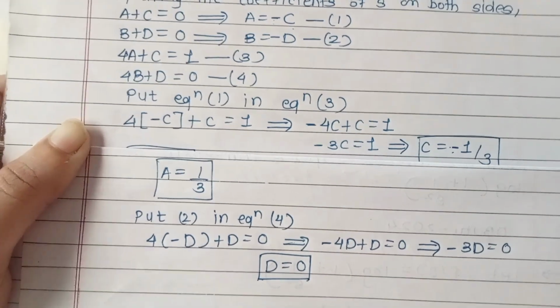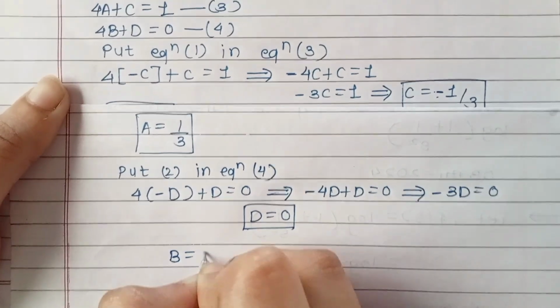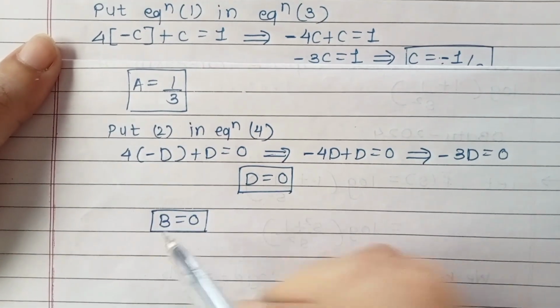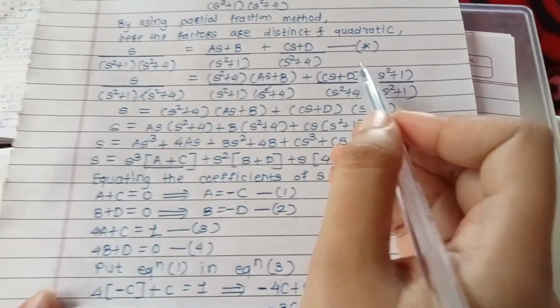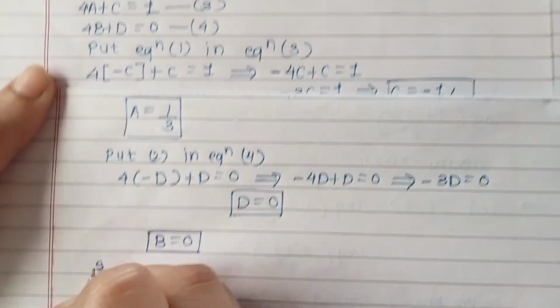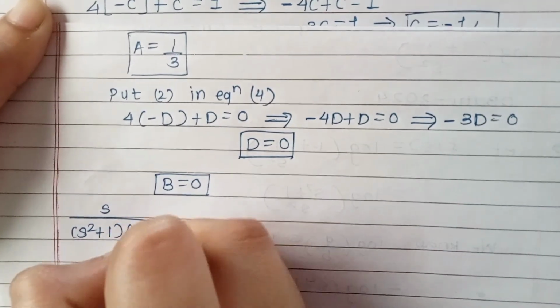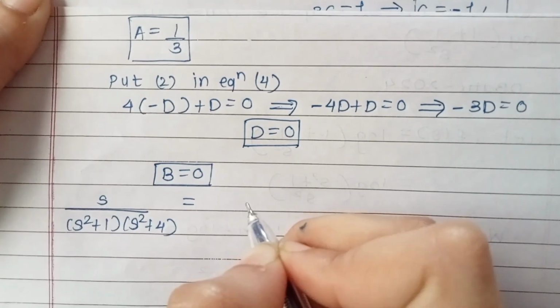Now we have to find the value of b. Put the value of d in equation number 2. We will get b is equal to 0 only, because the value of d is 0. So now we'll put the values of a, b, c and d in equation star, which we got at first. Okay, so what is that equation? s upon s square plus 1 times s square plus 4 is equal to (as plus b) upon s square plus 1 plus (cs plus d) upon s square plus 4.